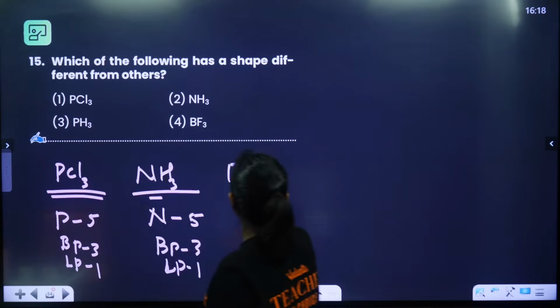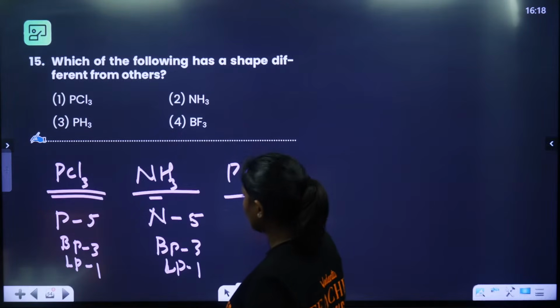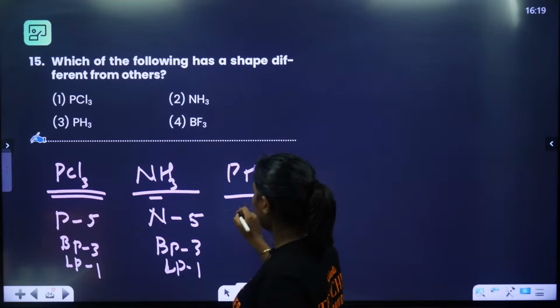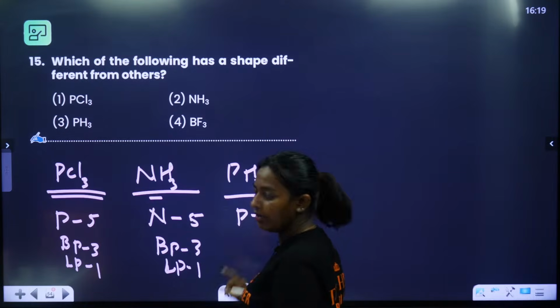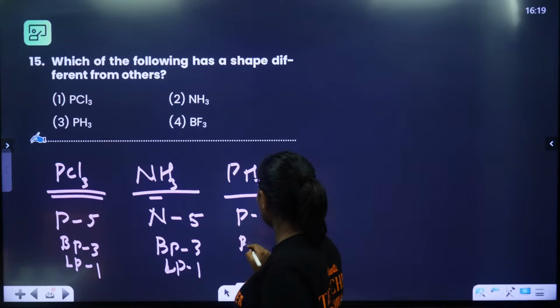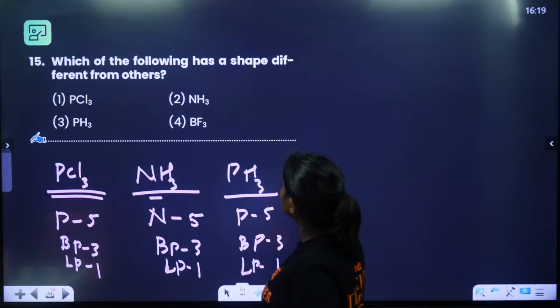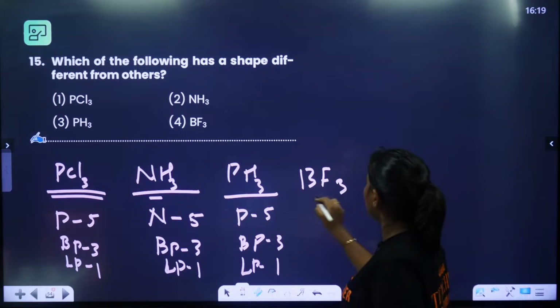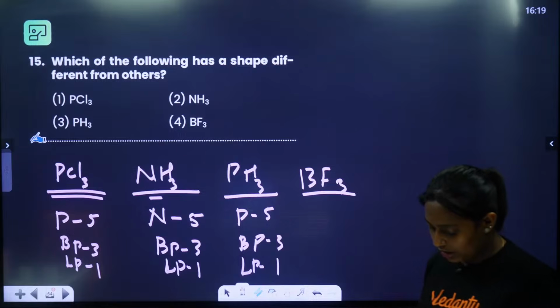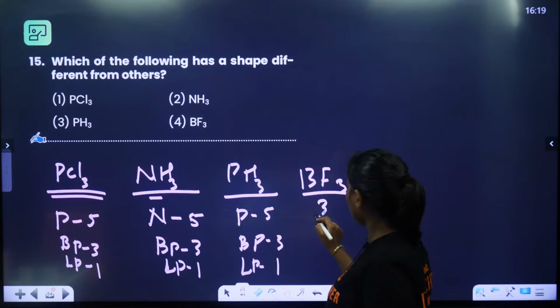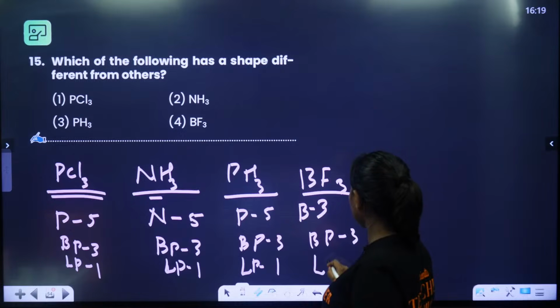When you consider PH3, same, phosphorus outermost shell contains 5 electrons and bond pair is 3 and lone pair is 1. When you consider BF3, the outermost shell contains 3 electrons for boron and bond pair is 3, lone pair is 0.